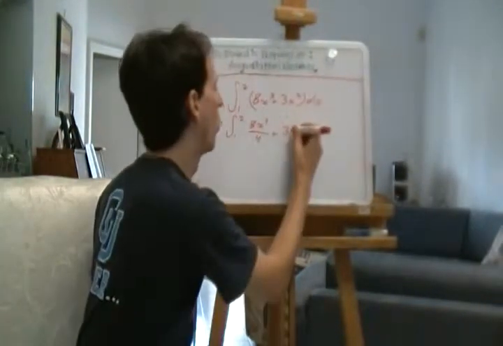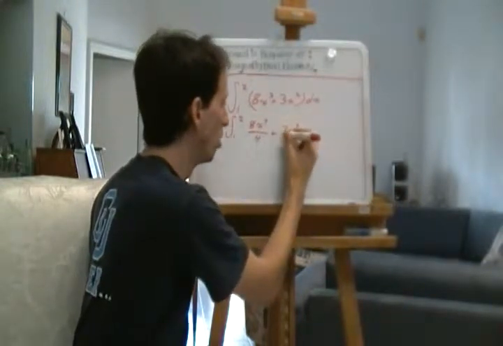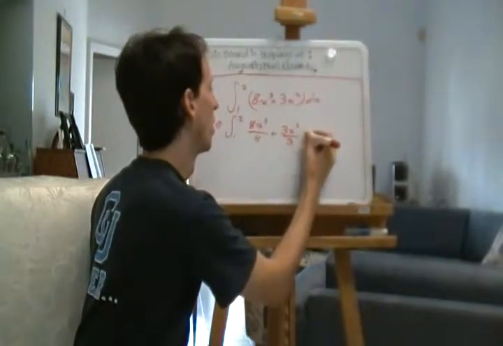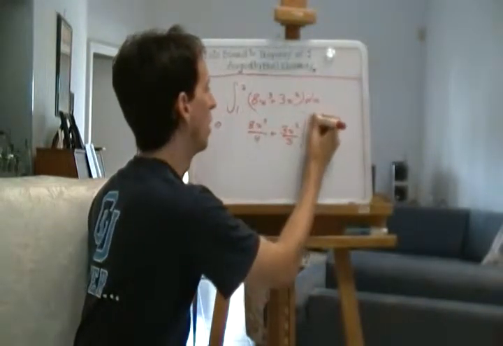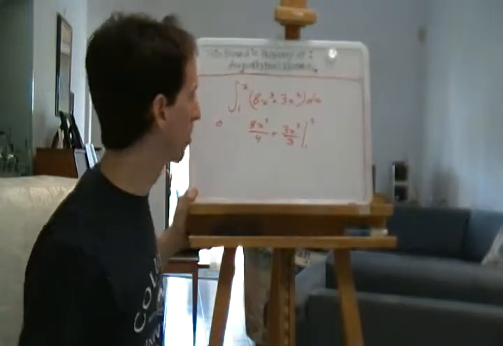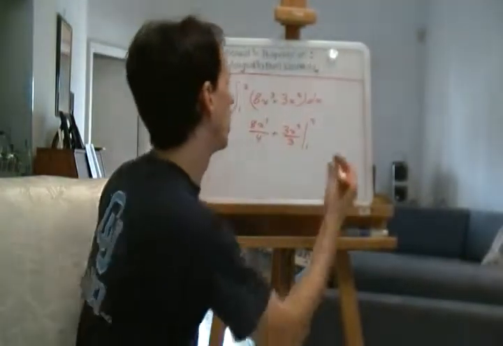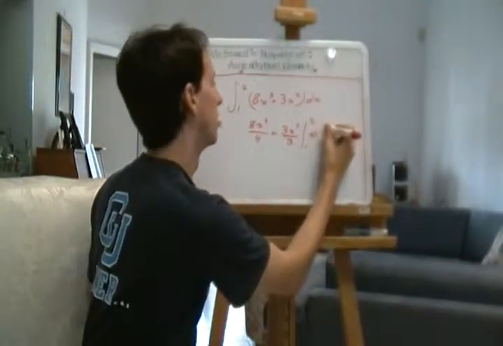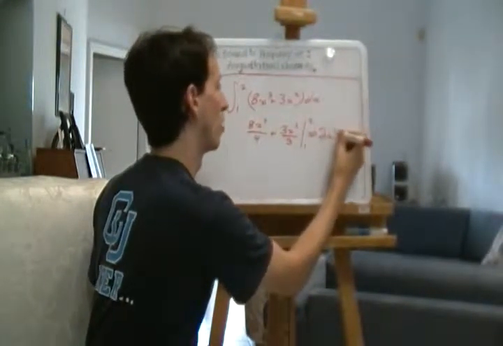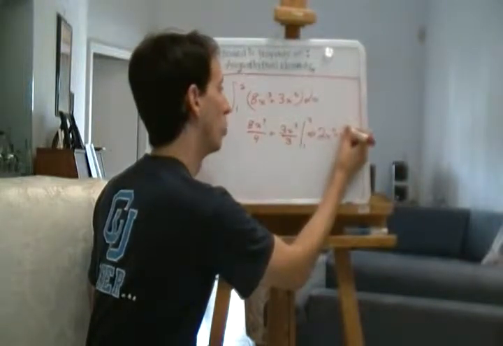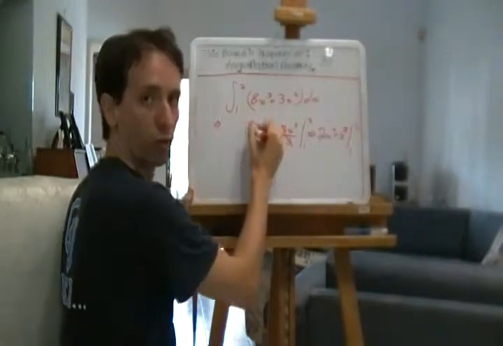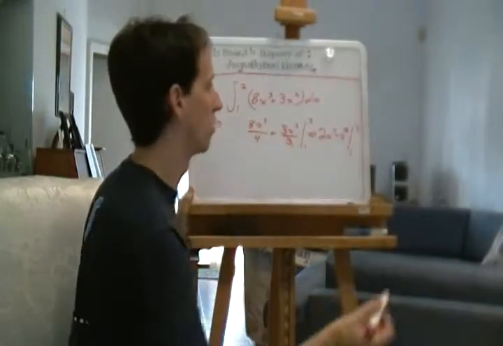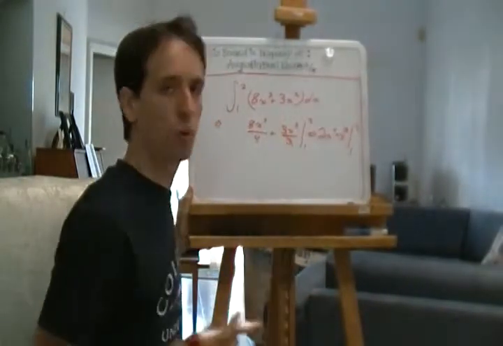N is 2, so n plus 1 would be 3, x cubed over 3, evaluated between 2 and 1. We can also simplify this to 2x to the 4th plus x cubed between 2 and 1. You'll see how the 3's cancel, and 8 over 4 becomes 2.